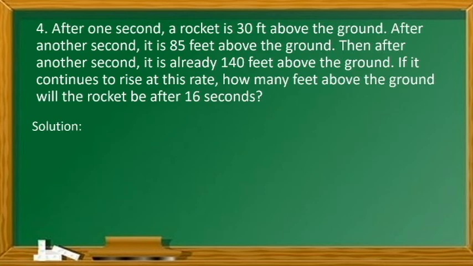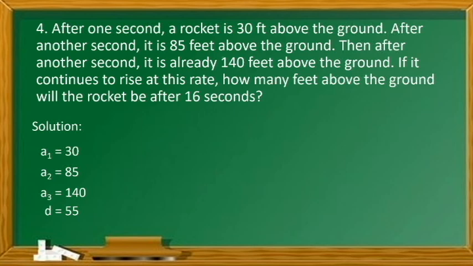So for our solution, we will give first what are given. So first, our a sub 1 is 30. Our a sub 2 is 85, then our a sub 3 is 140, meaning to say that the first term is 30, second term is 85, the third term is 140, then our d is 55.